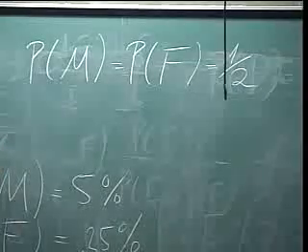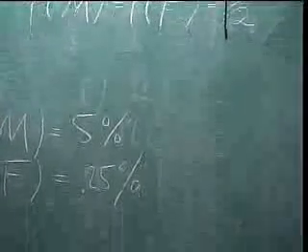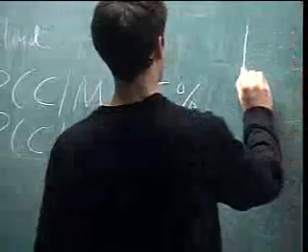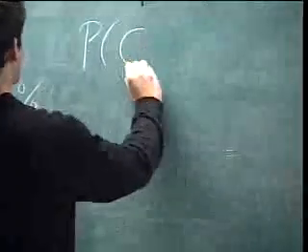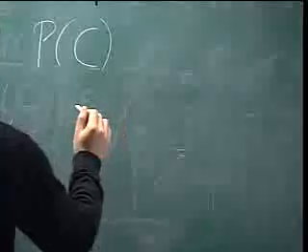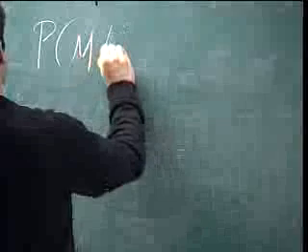Okay. So now we sample this random person, and we want to see if he's colorblind or not. So we want to calculate the probability that, given that someone is colorblind, what is the probability that he is a male?